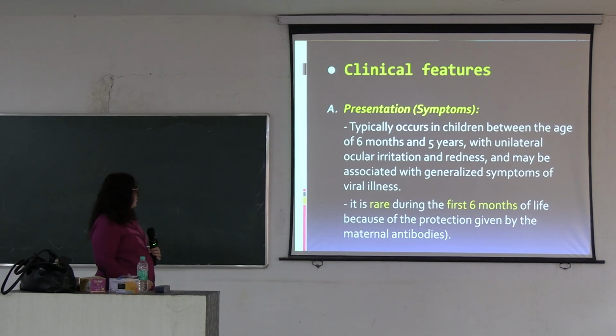The patient also has fever, but this primary herpes infection is rare before the age of 6 months, as a child below 6 months has the protection given by maternal antibodies.